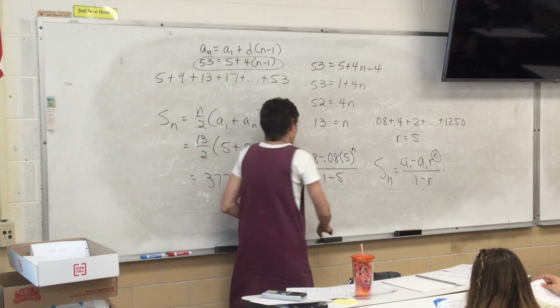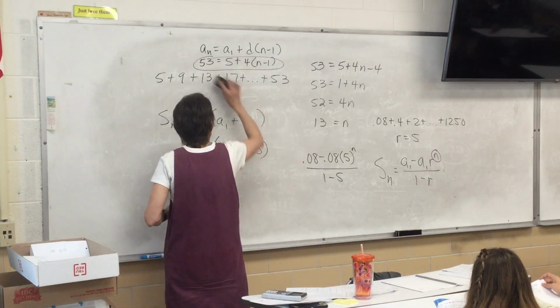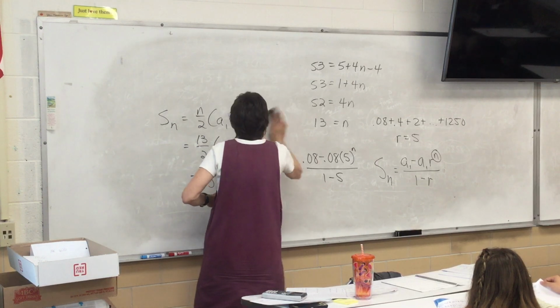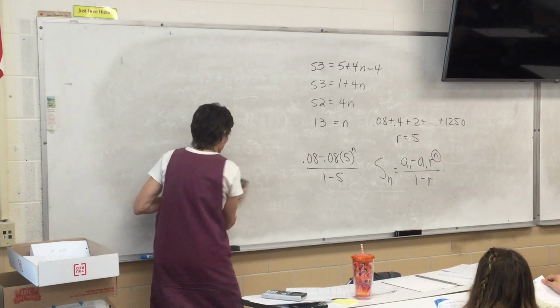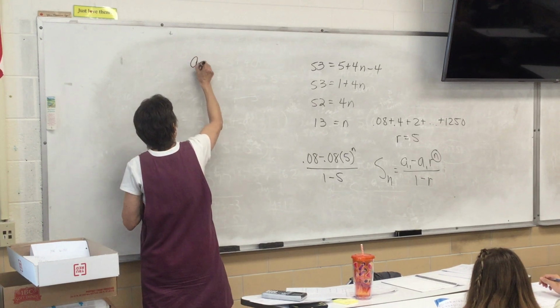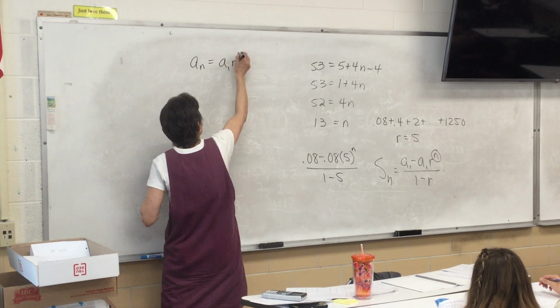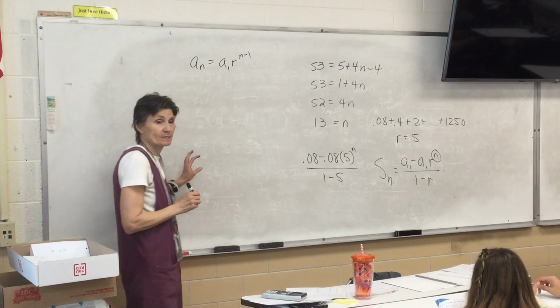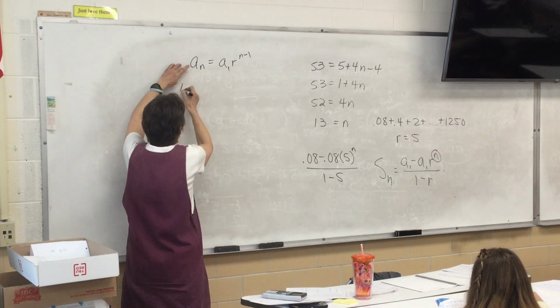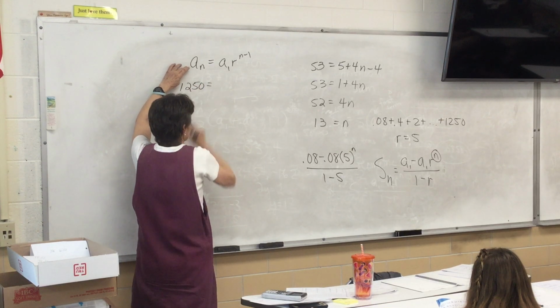What did we do in the last problem? We used the original formula. So our original formula says this. The last term is 1250.